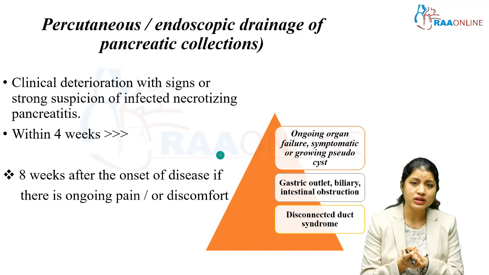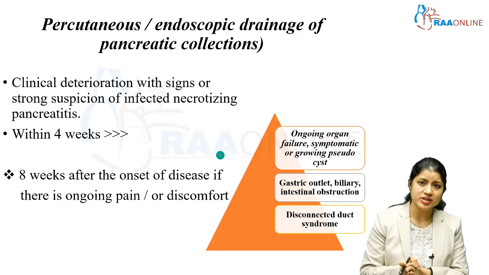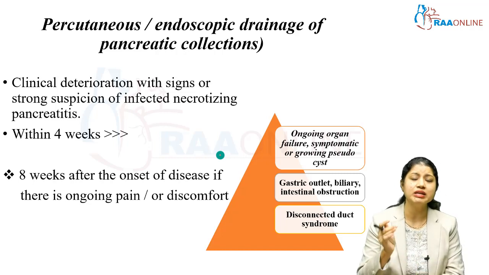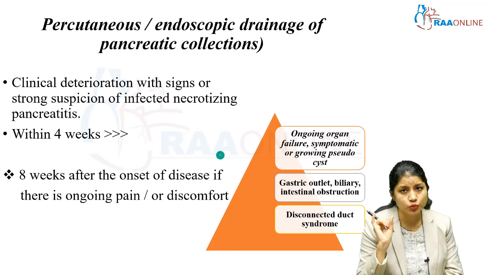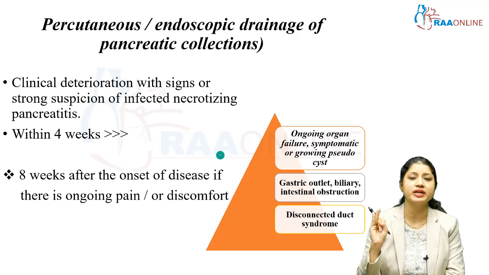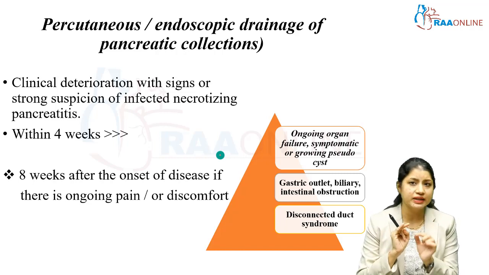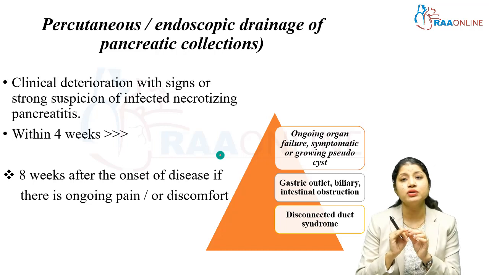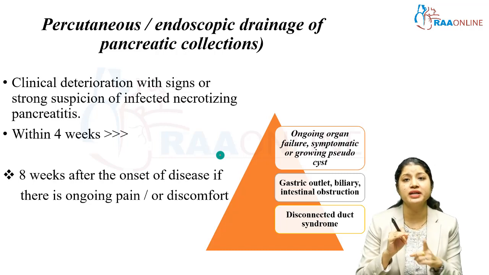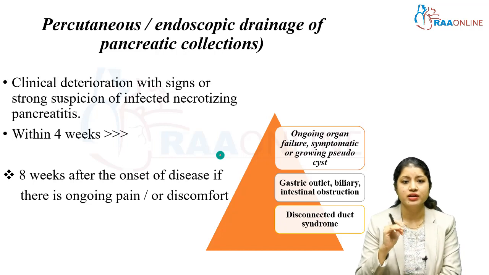But if you think all these indications are present and you have to intervene, it has to be done either through percutaneous or endoscopic drainage, that is, minimally invasive procedures, not through any open procedures which might give you more harm than benefit.